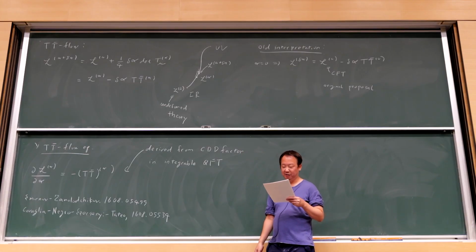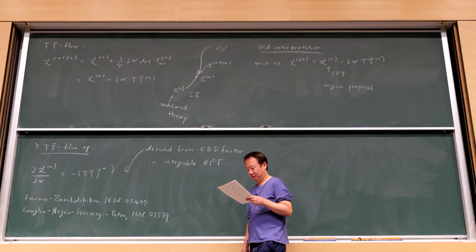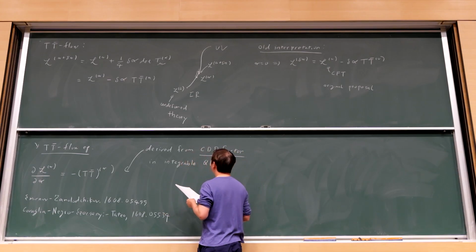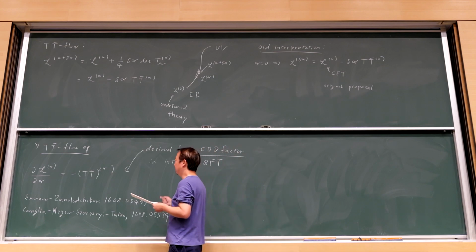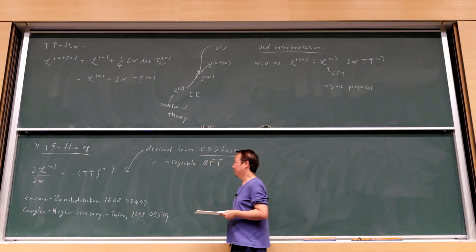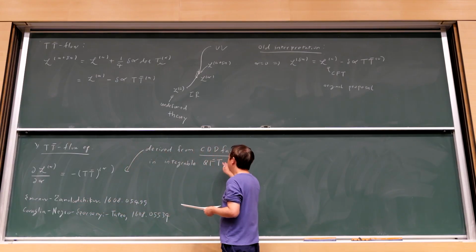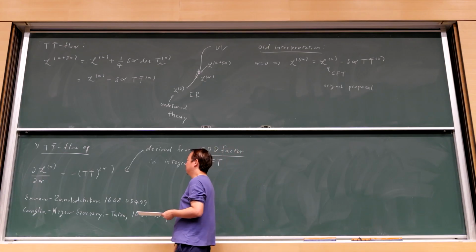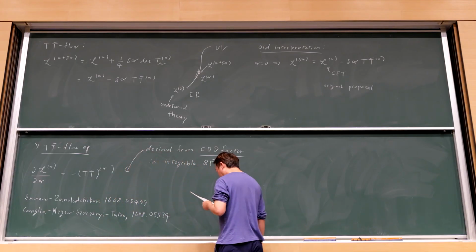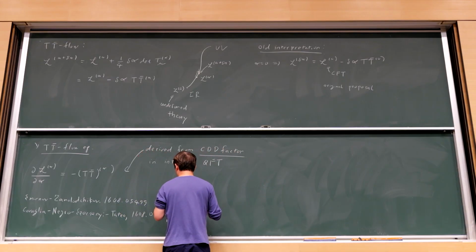This CDD factor ambiguity is very important to define the exact S matrix. By changing the CDD factors, we can discuss deformations, irrelevant deformations. This is the original idea by these people. So by starting from certain CDD factors, they succeeded in deriving these TT bar flow equations.